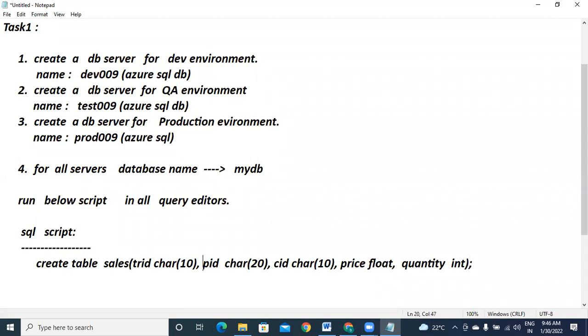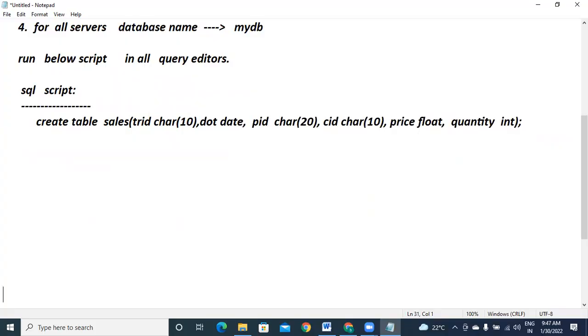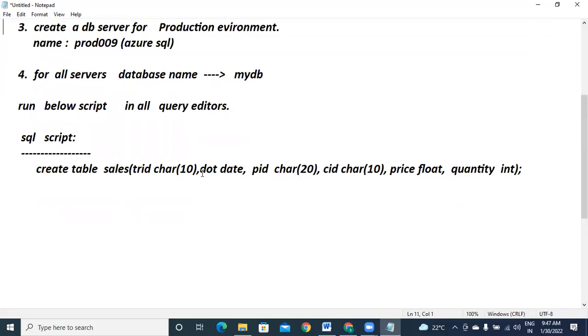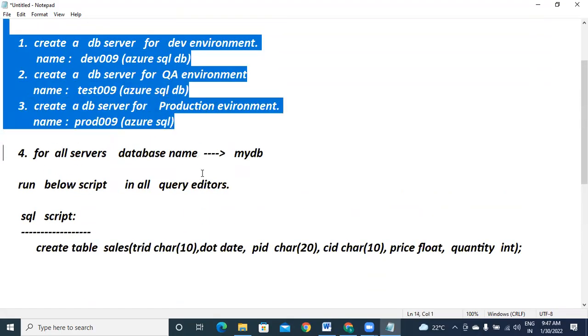Better to keep date of transactions. Okay. So this query, you have to run in the first database, second database, third database in the query editor. Okay. 3 separate servers. In all the servers, this table should exist.